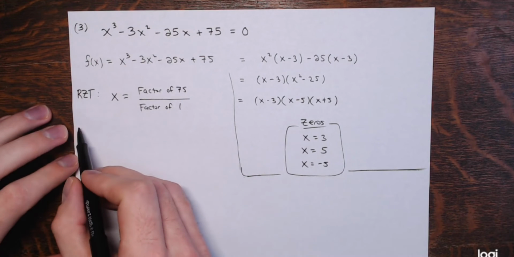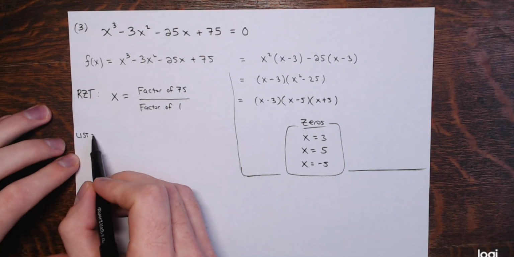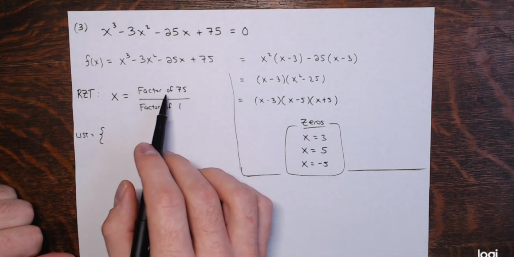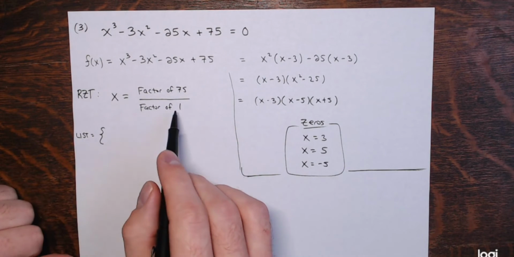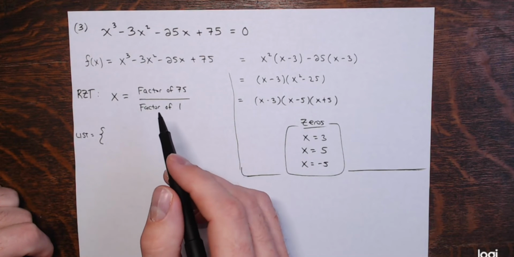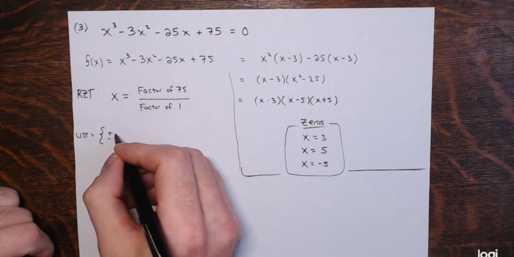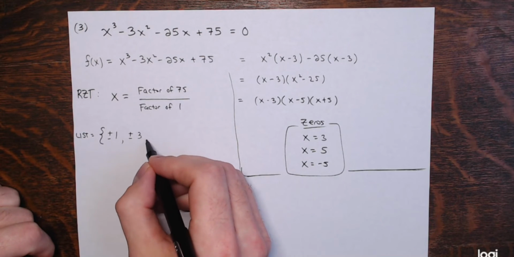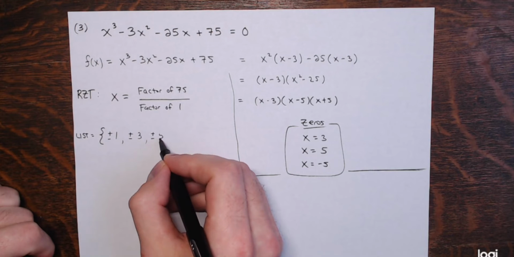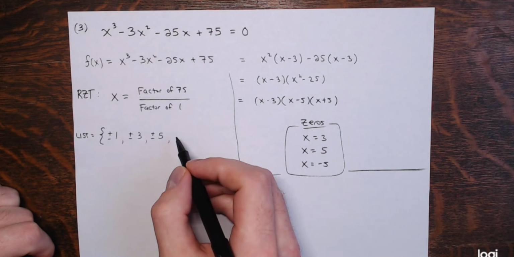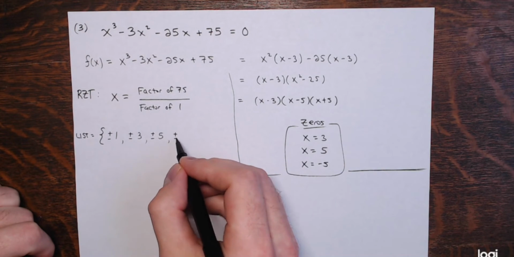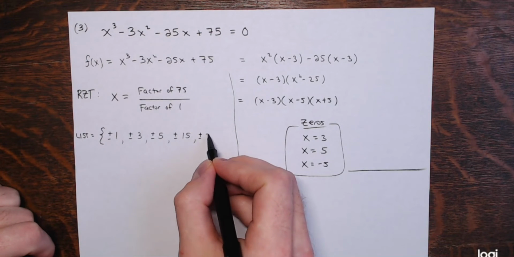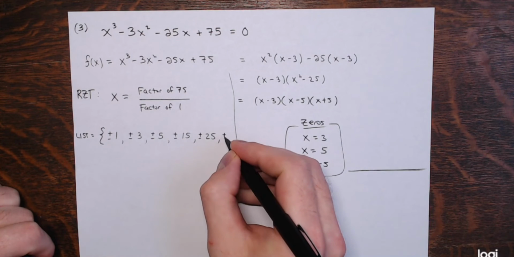So again, the list of possible rational zeros then is just the factors of 75, because the denominator is going to be 1 again. So positive or negative 1, positive or negative 3, positive or negative 5, positive or negative 15, right, positive or negative 25, and finally positive or negative 75.